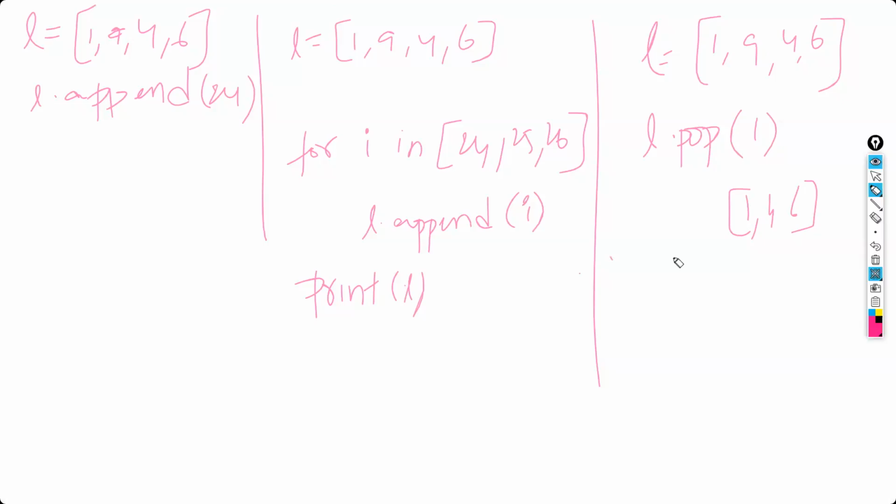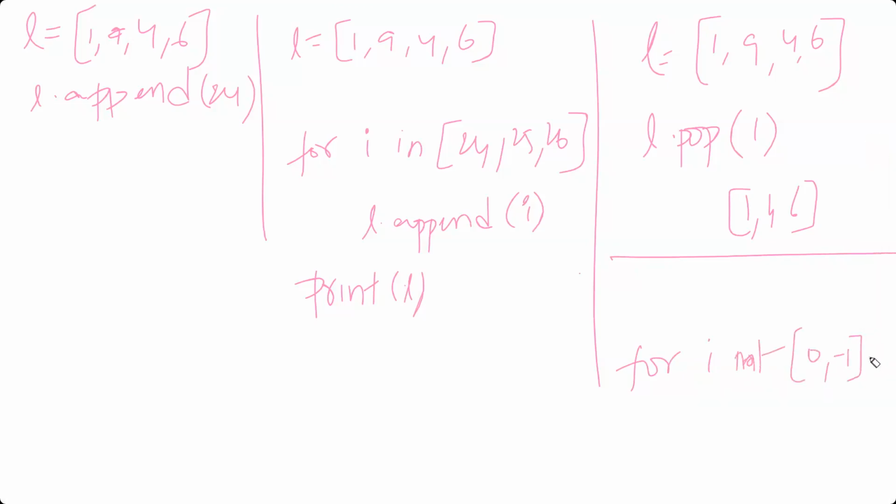Or for example, in terms of index numbers I don't want the first index number and the last index number, that is index 0 and index minus 1. Can I write for i not in 0, minus 1, remaining everything: n is equal to an empty list, n.append of L of i.